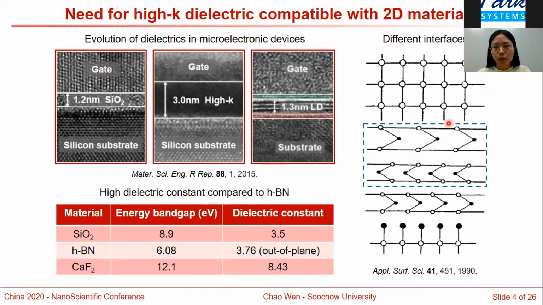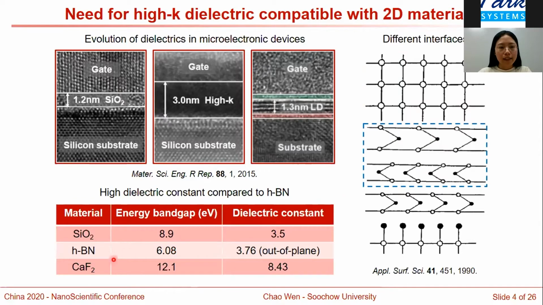In order to solve this problem, we introduced layered dielectrics such as hexagonal boron nitride, as mentioned by Dr. Alok. And we could find that when we introduce hexagonal boron nitride, this layered dielectric, we have a very clean interface between the layered channel and these 2D dielectrics.